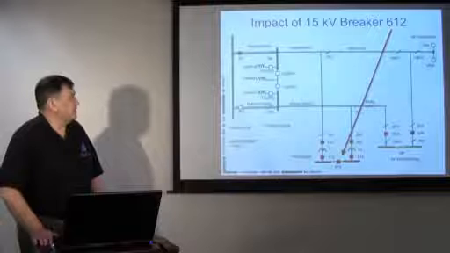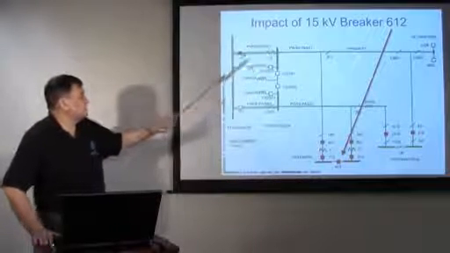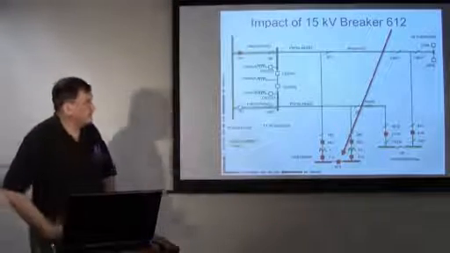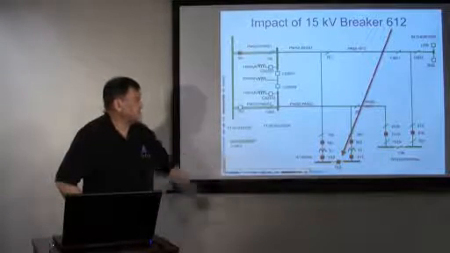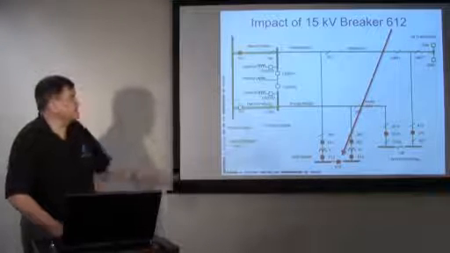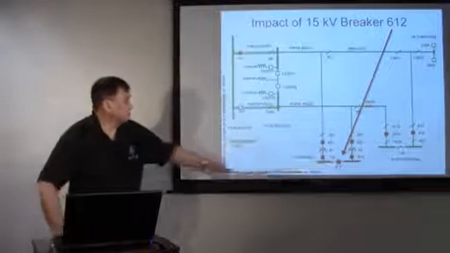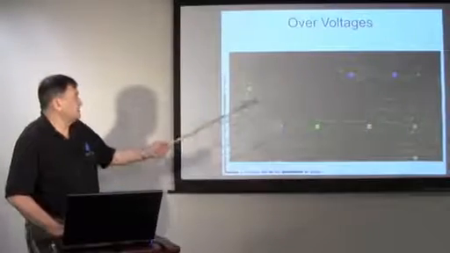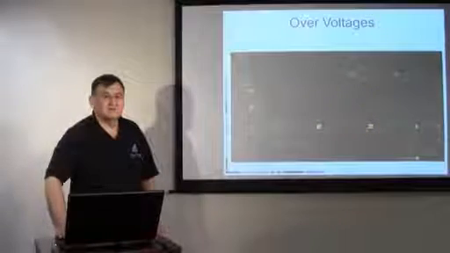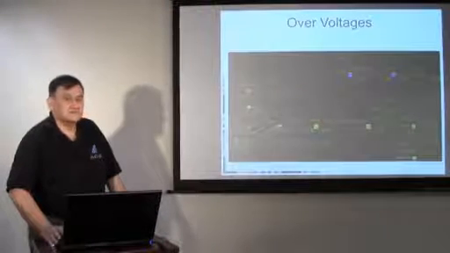We have a case where the operator is requested to re-energize this cable by closing this breaker, and he's not fully aware of the impact of that breaker being closed at that substation. So what happens is, when he or she closes the breaker, we see real excess voltages. We see voltages going to 130%, so high that we could be damaging insulators and transformer windings.